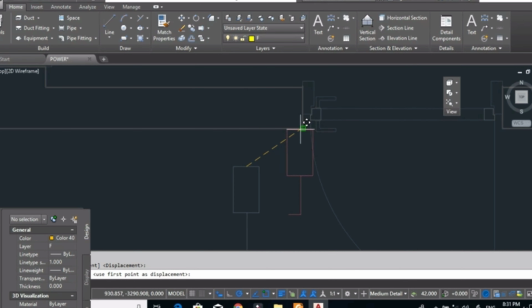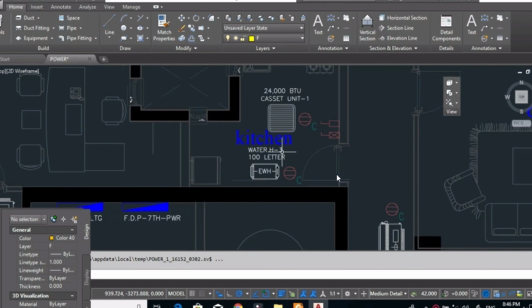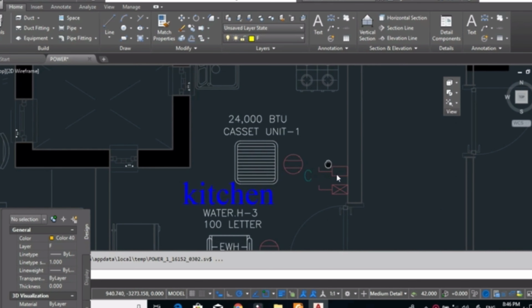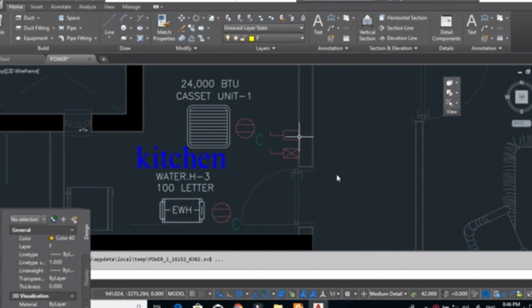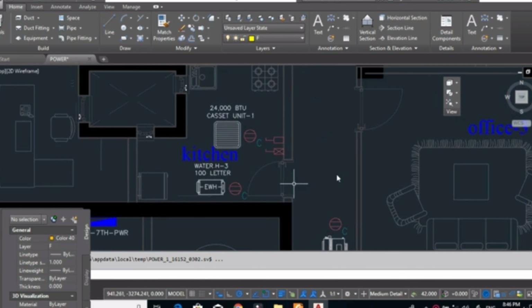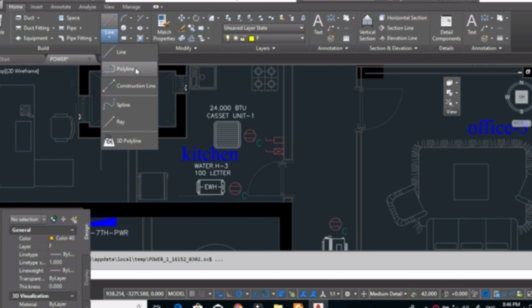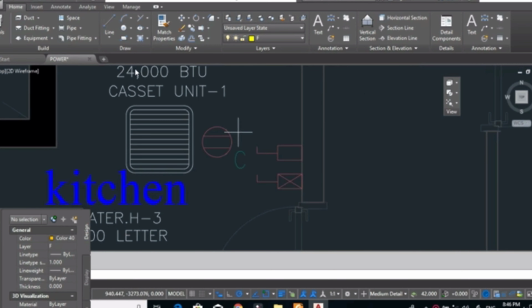And now the next step is to put the conduit or the wiring for these devices. Now for this disconnect switch, I will connect them at the beginning to this outlet, and after that I will go from this disconnect switch to the panel board. This is a circle. Now I will choose the polyline again.